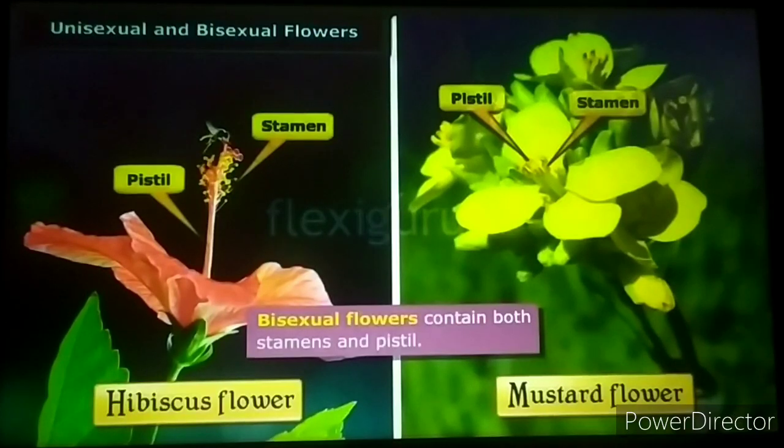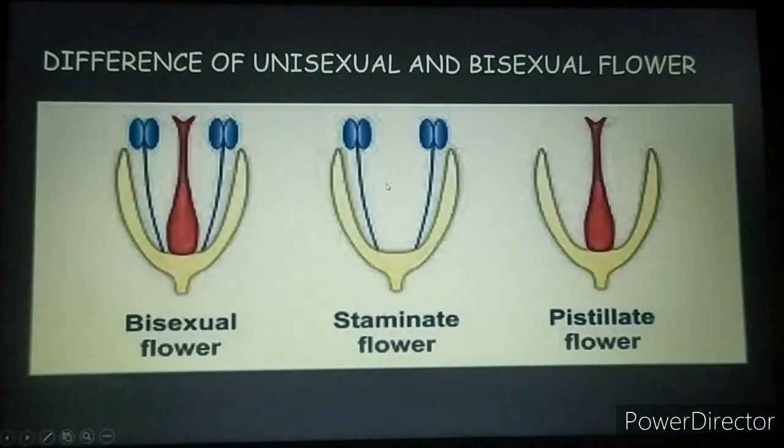Then, what about unisexual flowers? I think you must have understood what unisexual flowers are. Okay, I will tell you. Unisexual flowers are the flowers that have either the male reproductive organ or the female reproductive organ in the flower. That is why we say that unisexual flowers are of two types.